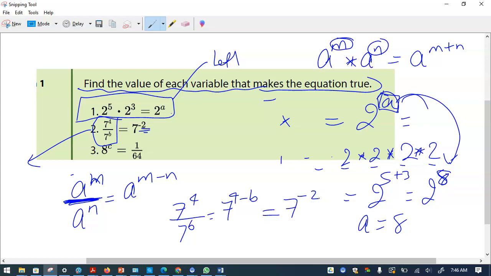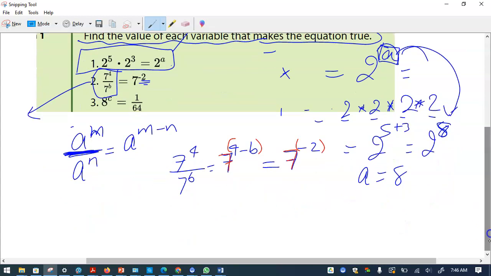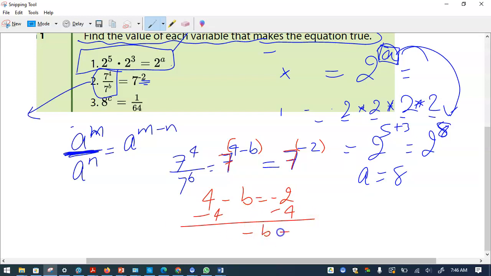So in order that both are equal, this exponent has to be the same, because it's 7 raised to something and this also is 7 raised to something. So all you do is, 4 minus b is minus 2, and you solve for b. So this way you get negative b equals negative 6, and dividing by negative 1, you get 6. So b is equal to 6.